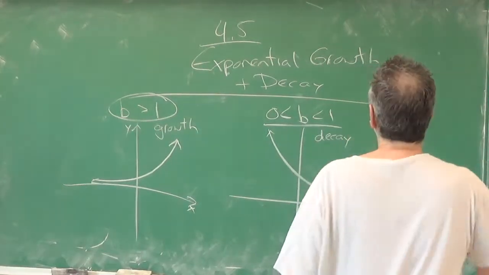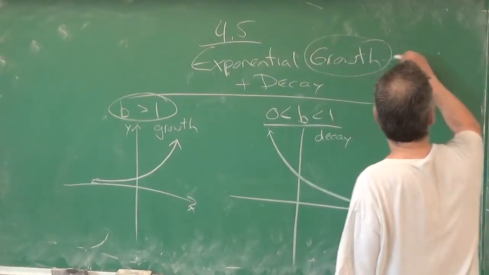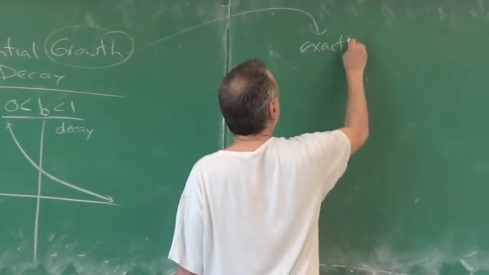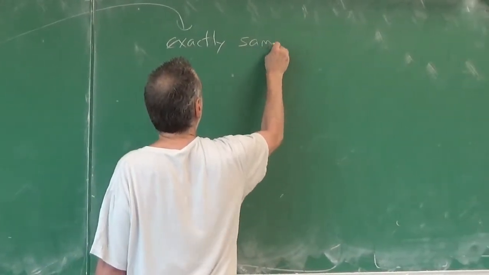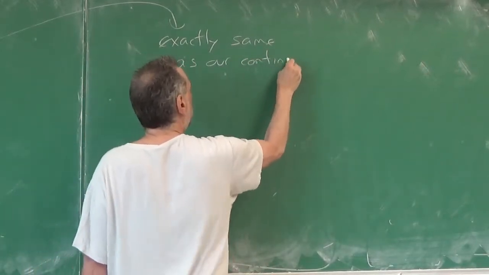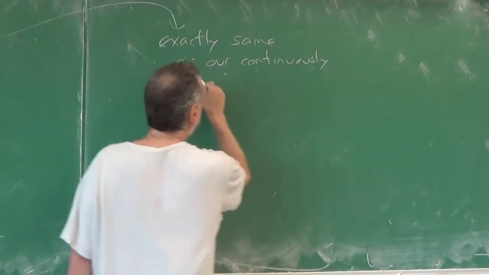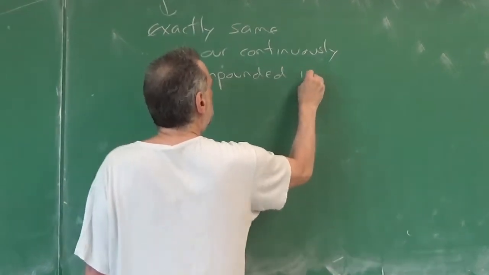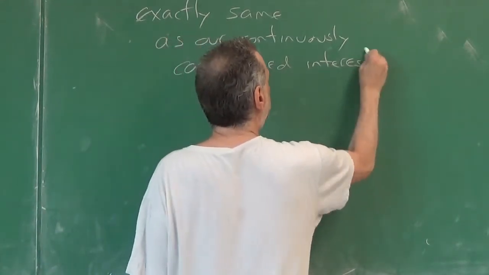So exponential growth is really no different, and actually exactly the same as our continuously compounded interest formula. Continuously compounded interest is an example of exponential growth.